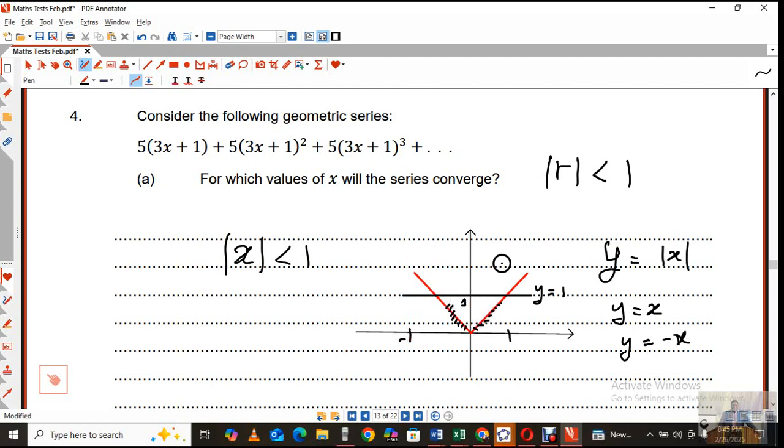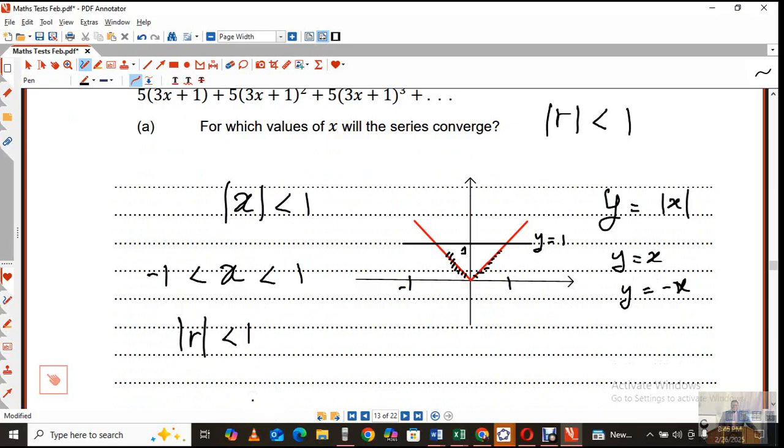So what does that say to me? It says that the way you'll be solving this absolute value, it's going to be a value between 1 and -1. It's this determination that we are going to use. If the absolute value of r is to be less than 1, our common ratio should be between 1 and -1.